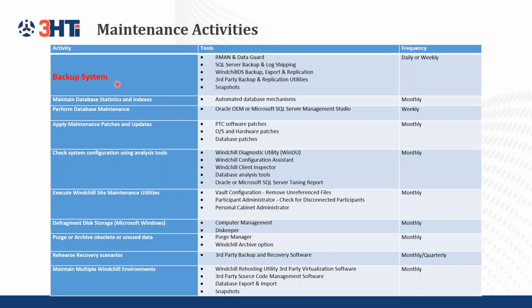So that includes a copy of the Windchill file system, LDAP export, database export, and then a copy of the vaults. The vaults being where the data is actually stored. And all of these need to be in sync.